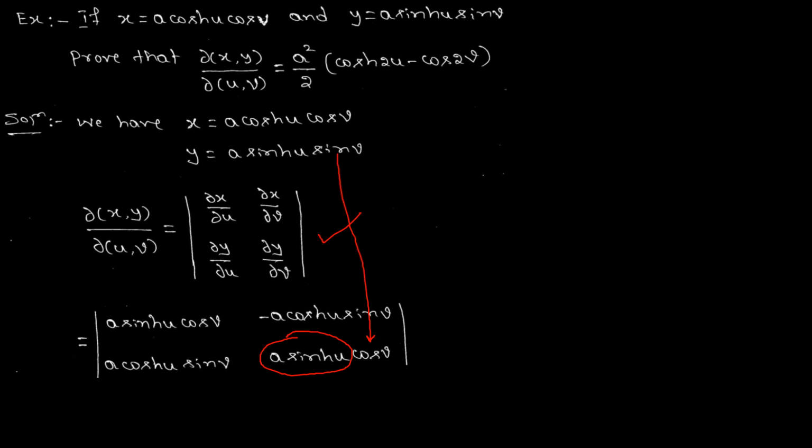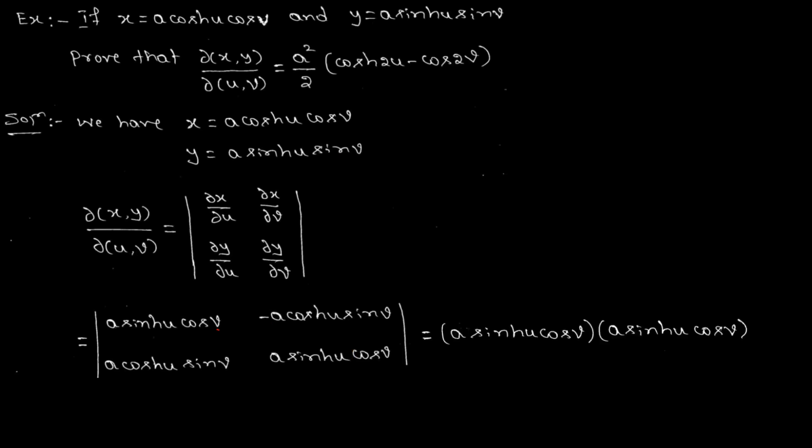Now it's the time to evaluate this determinant. Let us cross multiply in this way, then minus of in this way. We have multiplied these two terms and we have written here, you can see. Then we write minus. This minus is from the procedure of evaluation of a determinant.